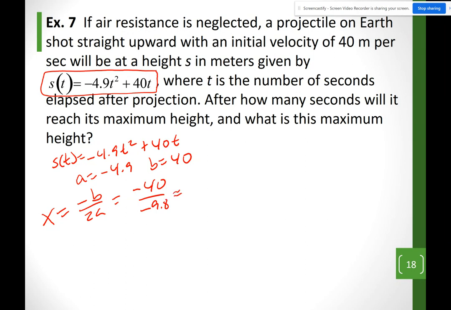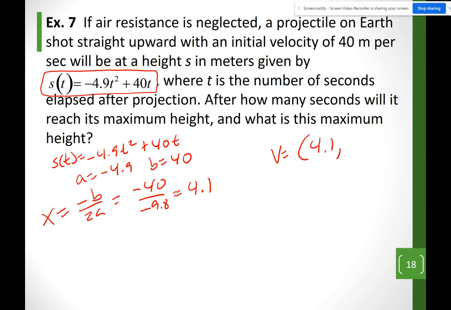All right, so negative 40 divided by negative 9.8. I'm going to say this is roughly 4.1. So for my vertex, it's about 4.1, my x value.